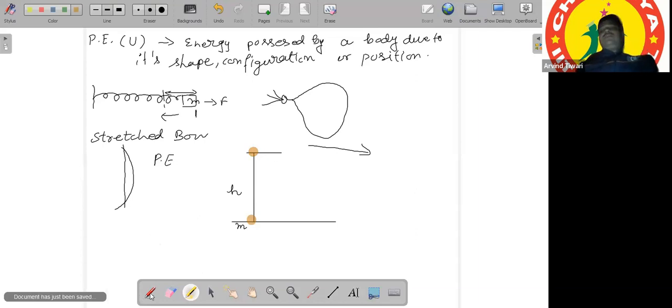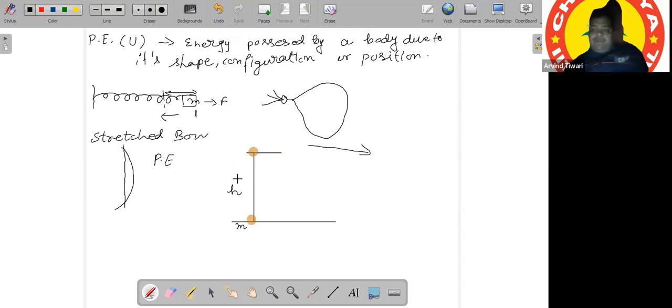we observe that it has changed its position. By the change of position, is it able to do any work? The answer is yes. This ball, which is now at a height h, has potential energy stored in it due to the change of its position. So due to the change of position, the ball has reached a height h, and therefore it has some amount of potential energy at this point.